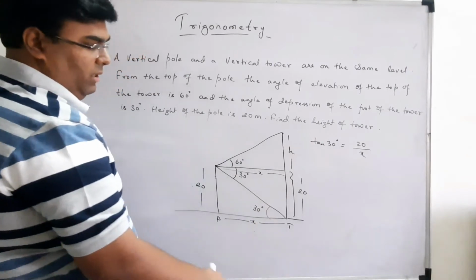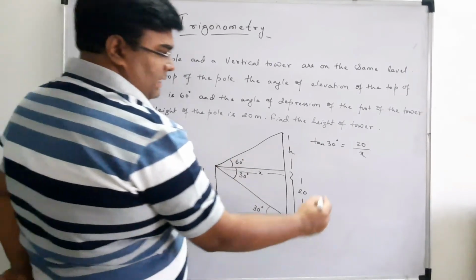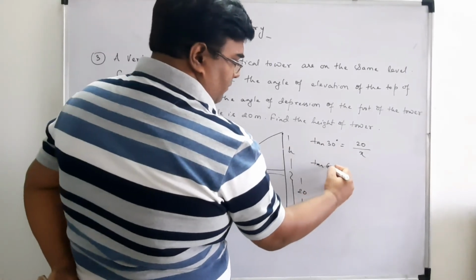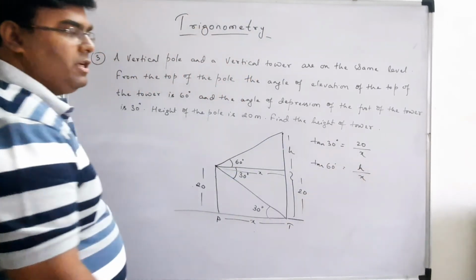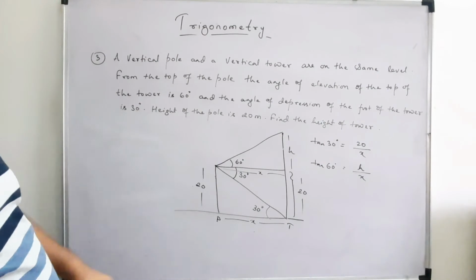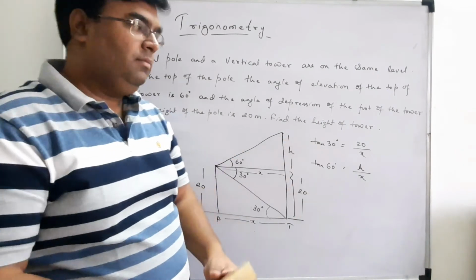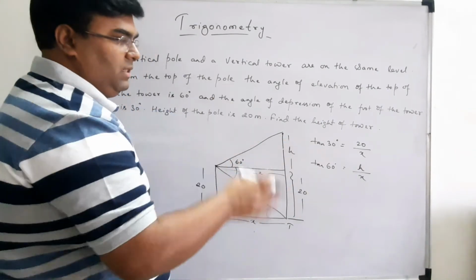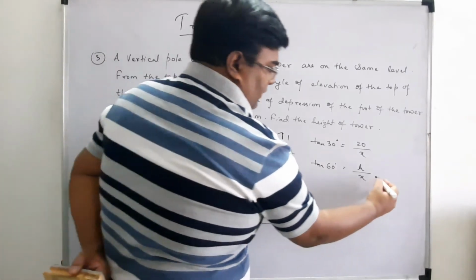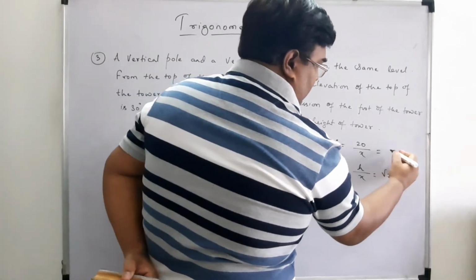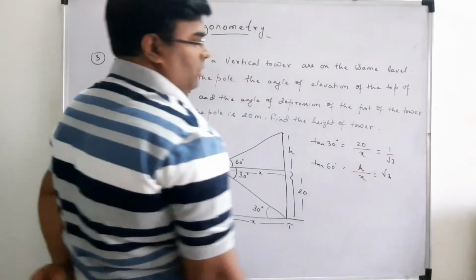Here also, if I write tan 60, it will be what? H by x. Now again we have got tan 30 and tan 60. So what I am going to do? Just divide it, right? So tan 60 is giving me root 3 and tan 30 is giving me 1 by root 3.